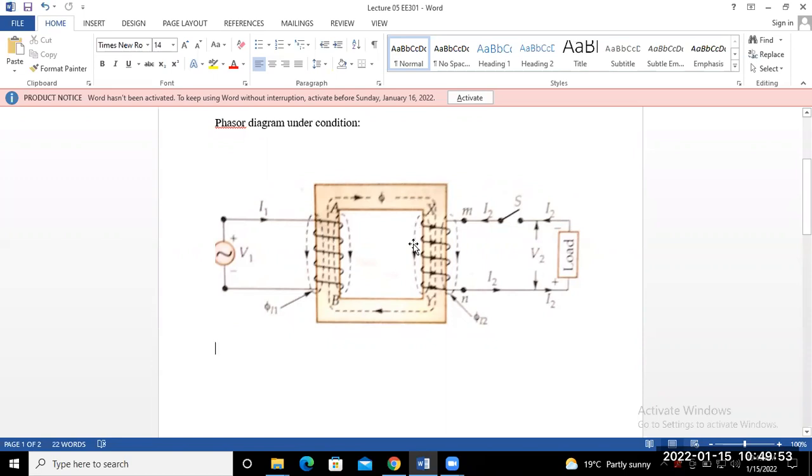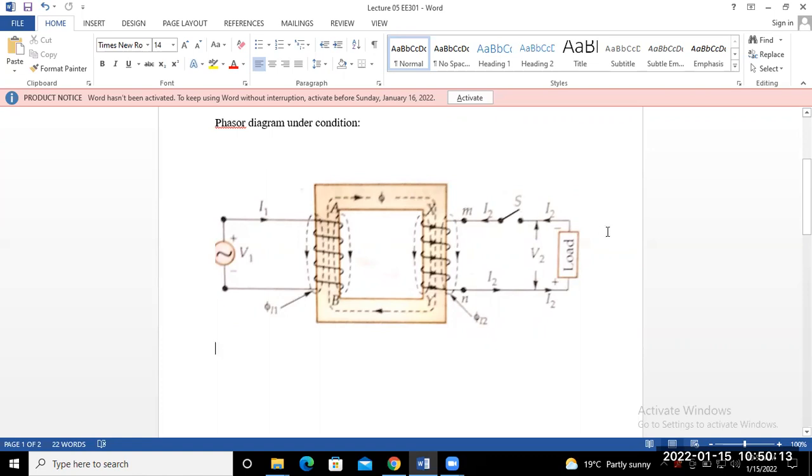Okay, next we try to consider the loaded condition. At the no load condition, we already drew the phasor diagram in the previous class. So what will happen when this switch is closed?